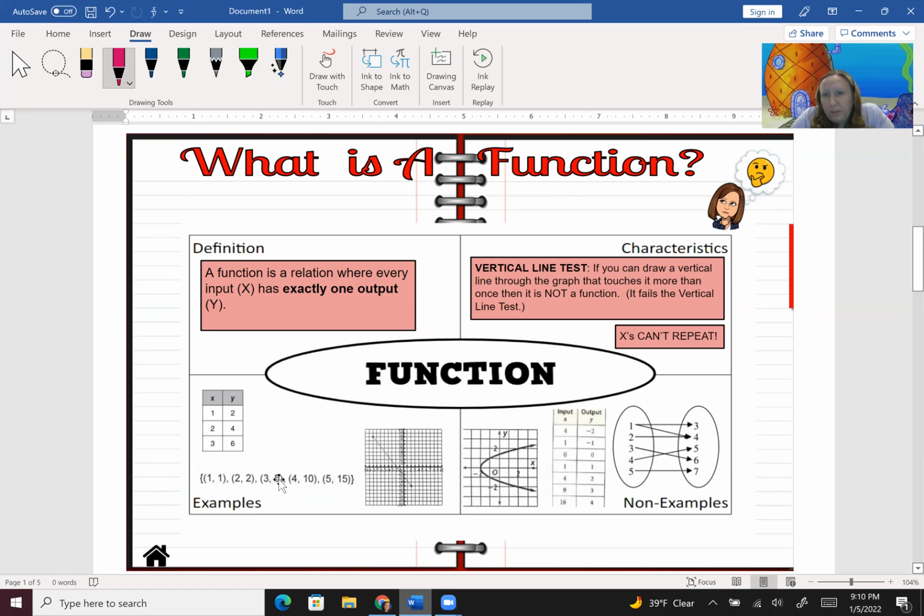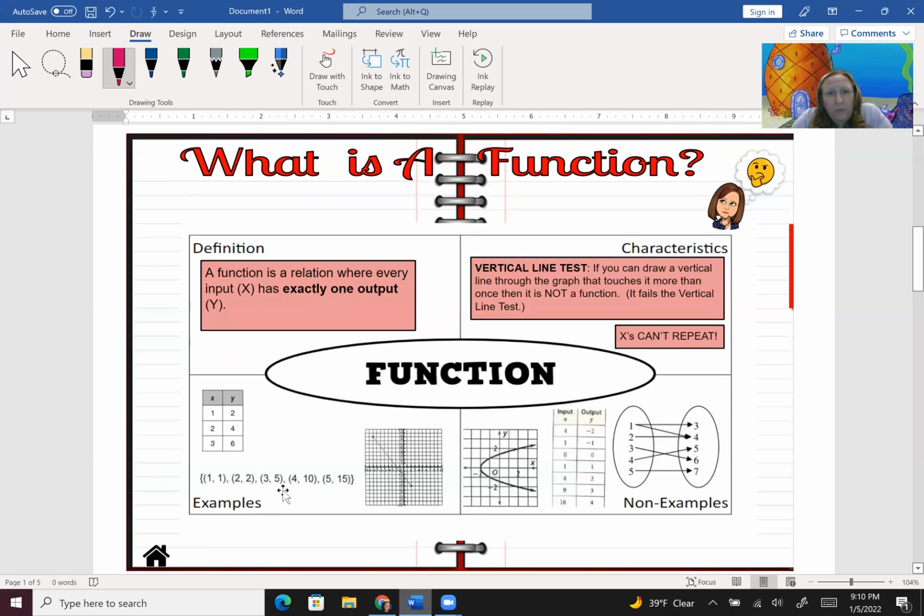Nothing for you to really do here, just pay attention. So the first one, we have 1 paired with 2, 2 paired with 4, 3 paired with 6. We can clearly see that each of the x's is only paired with one y. This is a function. Each input has exactly one output.